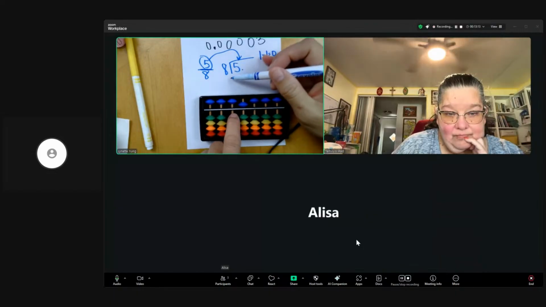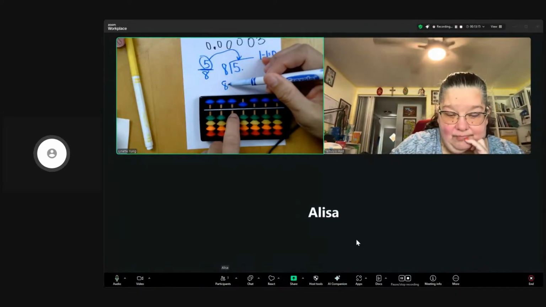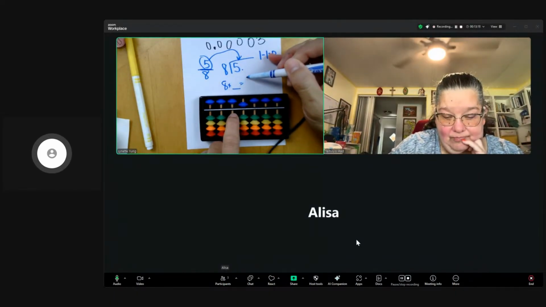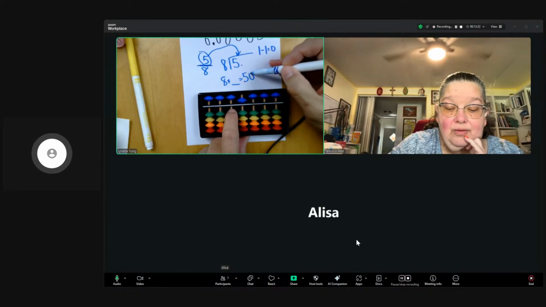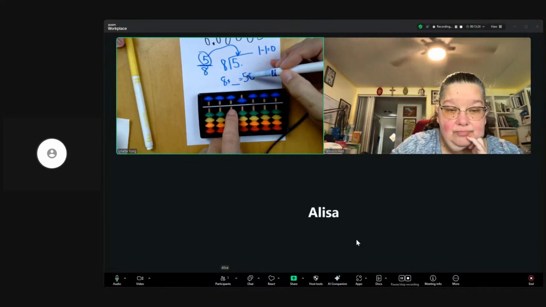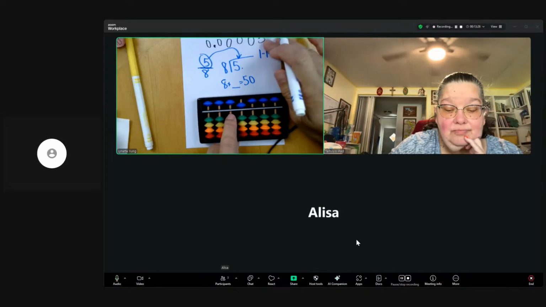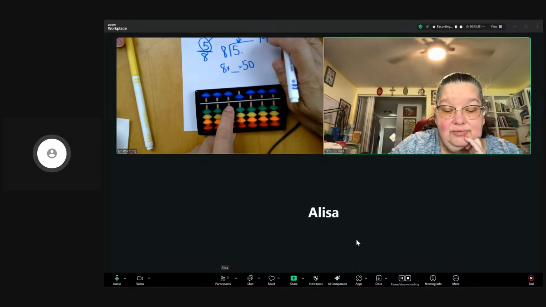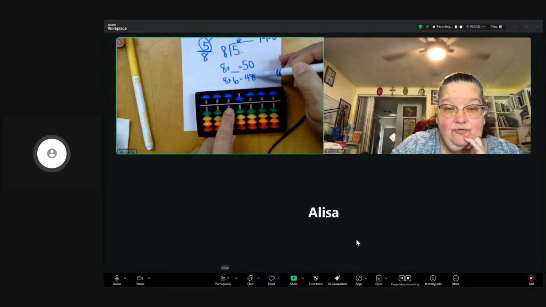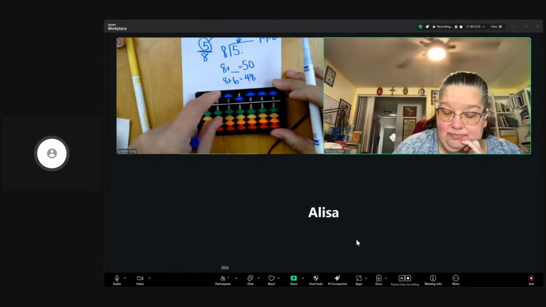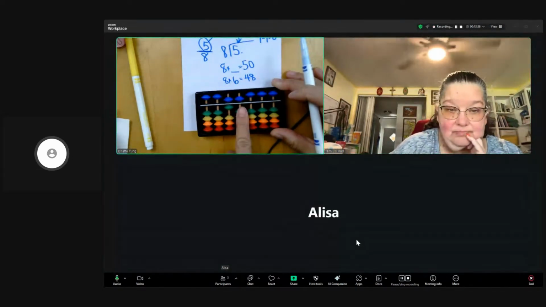What times 8 is equal to 5? Cannot, right? We need to do 50. What times 8 is equal to 50 or less? 6. So 8 times 6 is equal to 48.